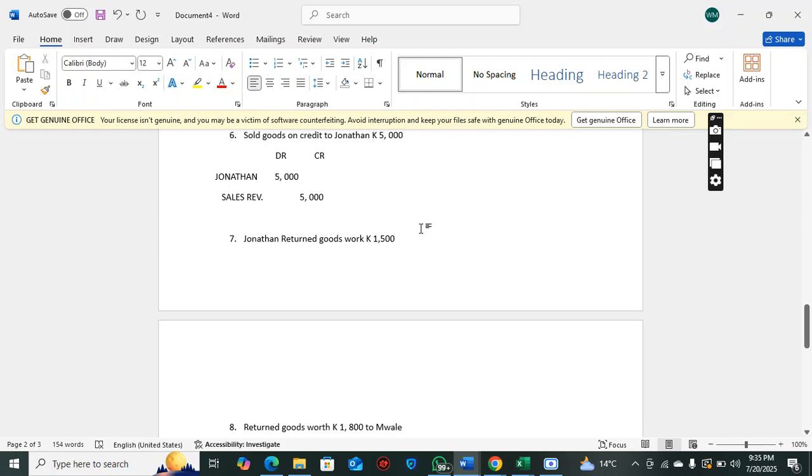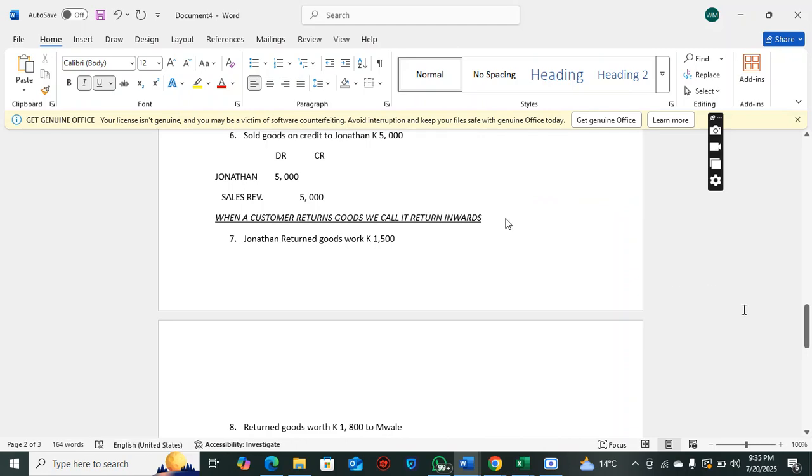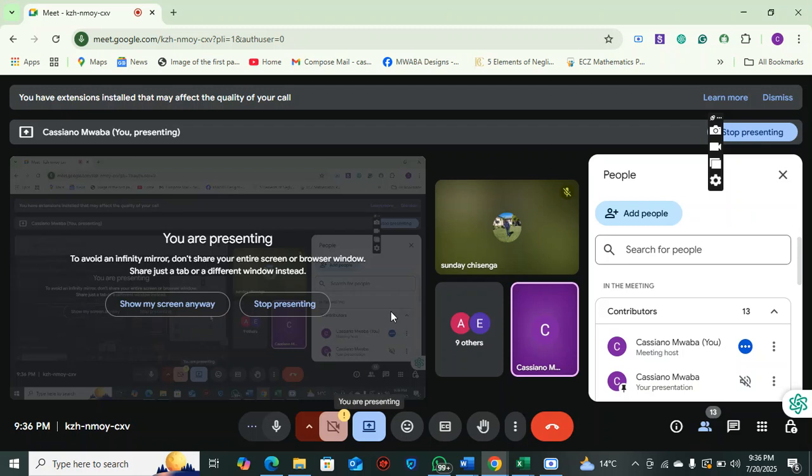When a customer returns goods, we call it return inwards. Return inwards is a contra revenue account, meaning it reduces your revenue. We made a sale of 5,000.